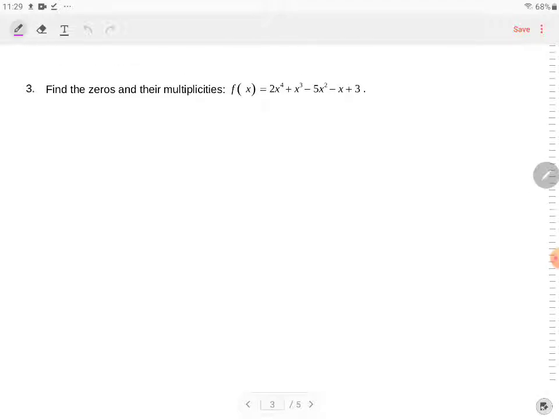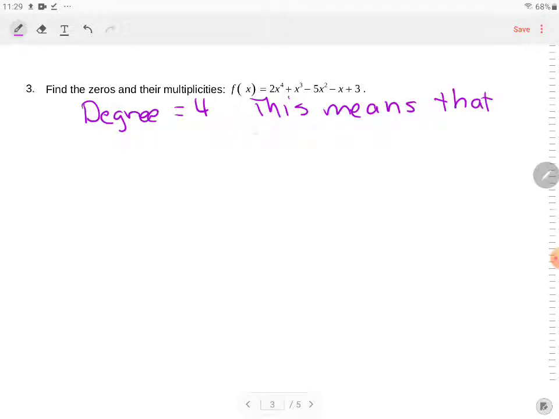Okay, number 3, we're going to do the same thing. Find the zeros and the multiplicity. Now, I forgot to review this. The degree is the largest exponent, so it's 4. So this means there are 4 answers. You can have an answer repeat, but I have to have 4 answers. So the degree gives us the number of zeros or answers to these functions.